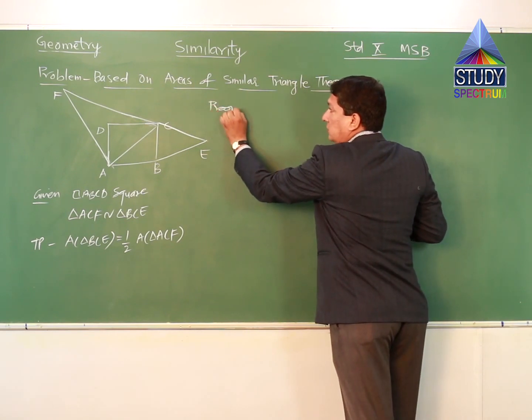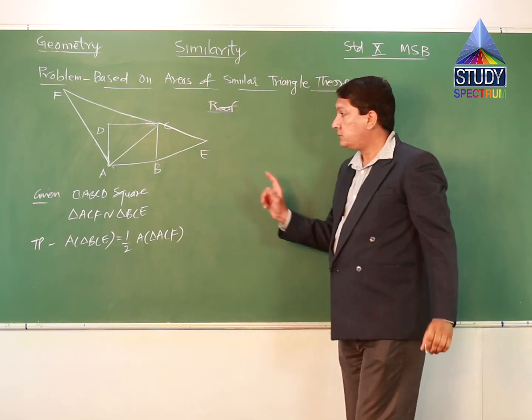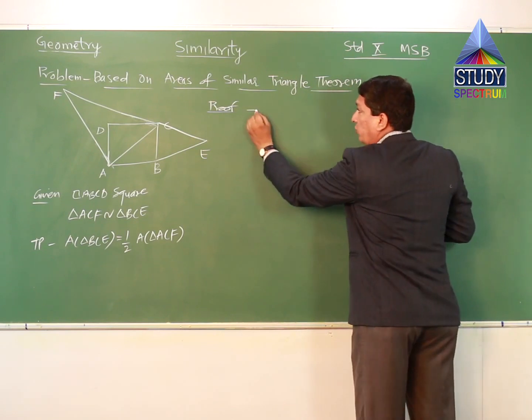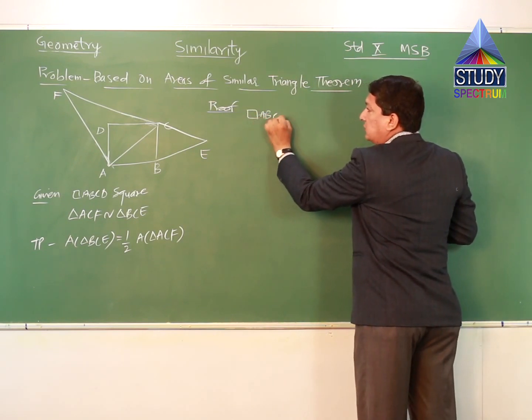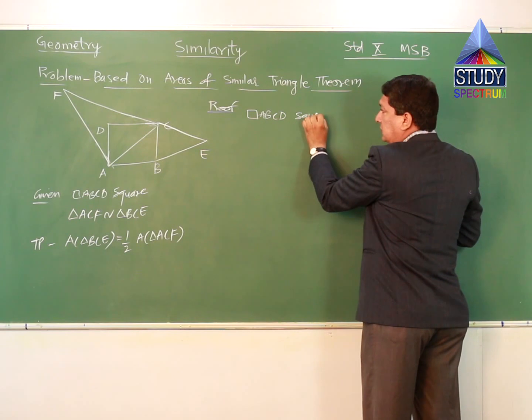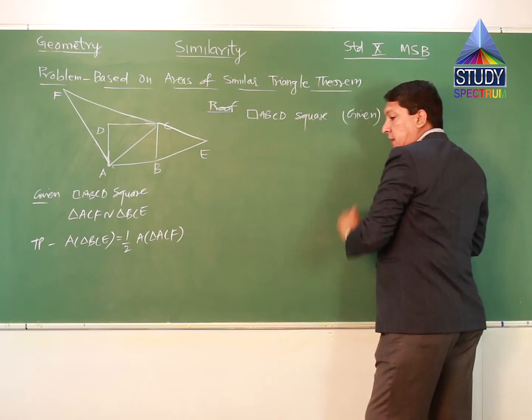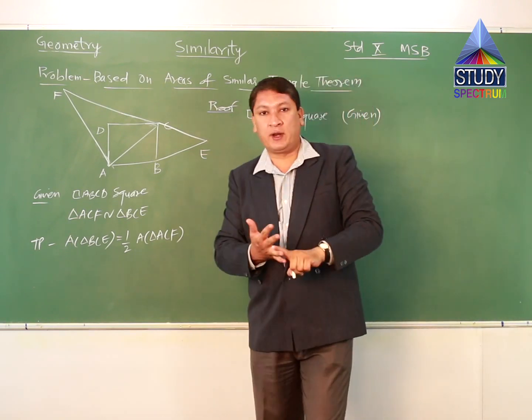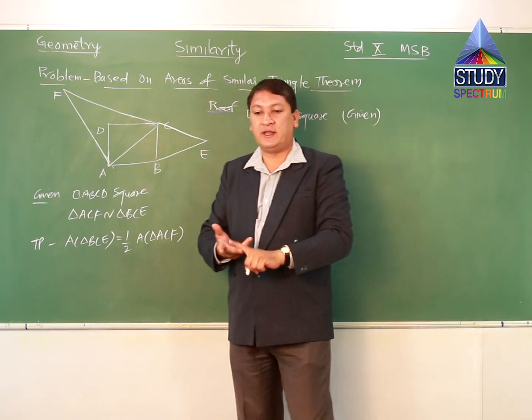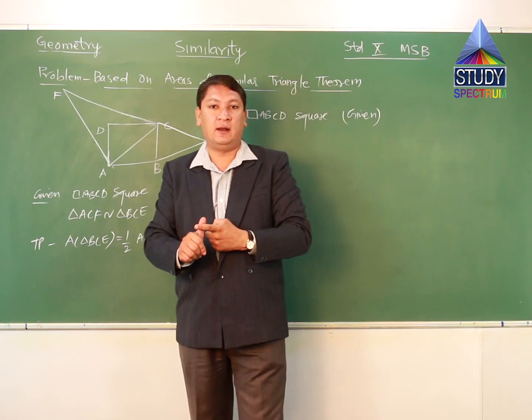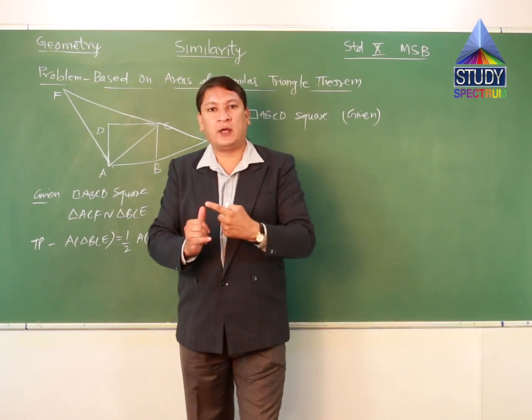Look at the proof now. First, we'll start with square. ABCD is a square. This is given to us. Now when I say square, parallelogram, rhombus, trapezium, rectangle, obviously these all are quadrilaterals.